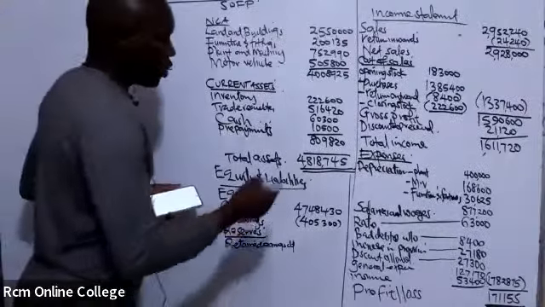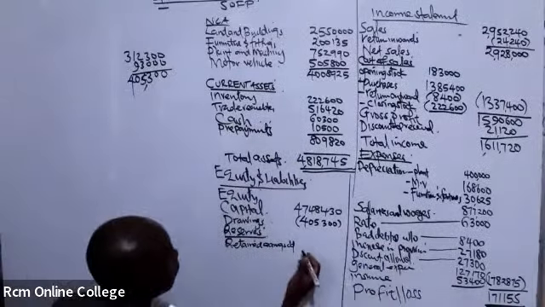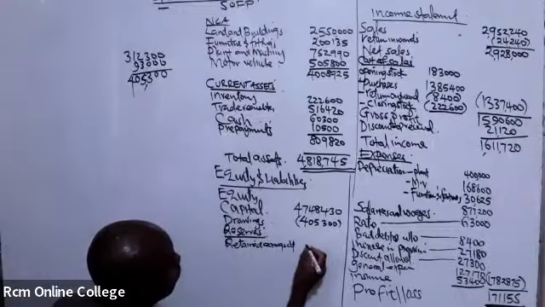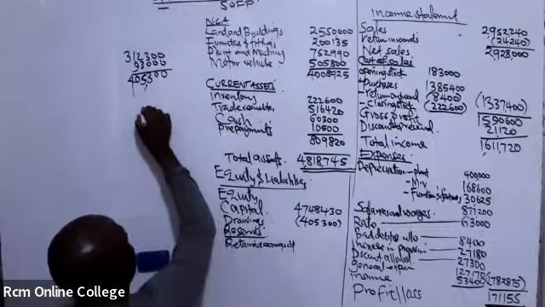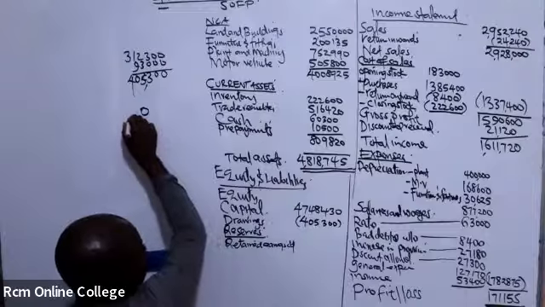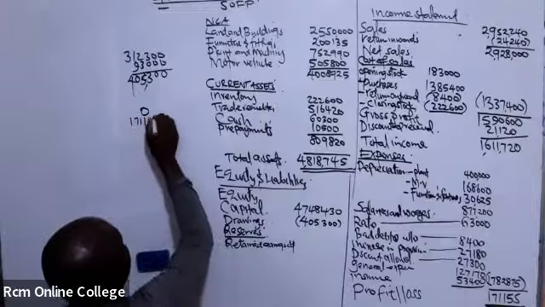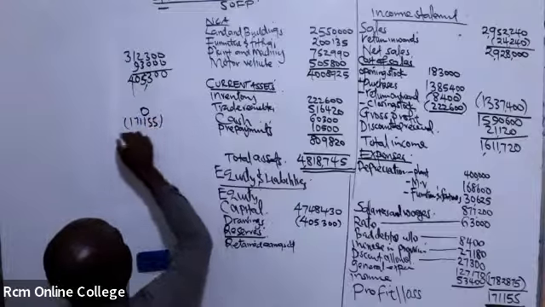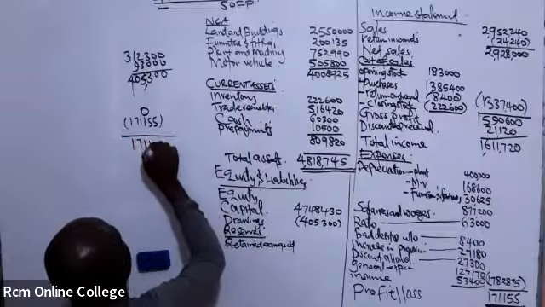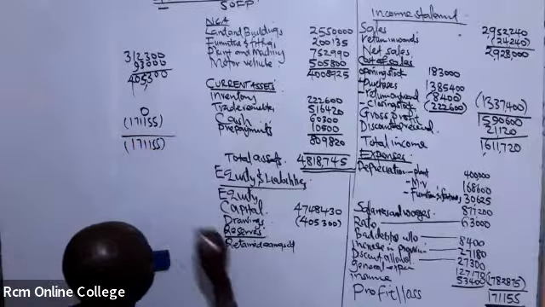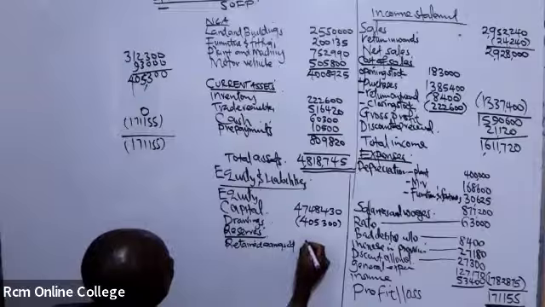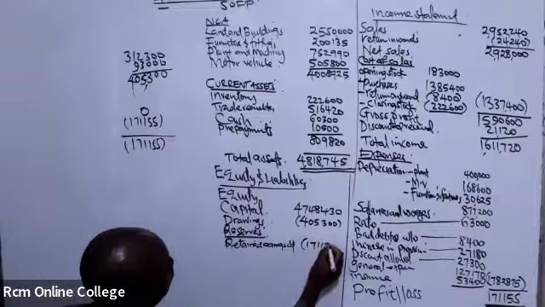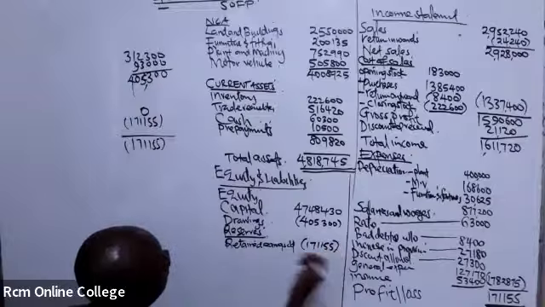So what do we do? We bring in the loss. So opening retained earnings is 0. Then we have the loss, which is 171,155. This one is a loss. So basically, we'll have 171,155 in negative form. Good.